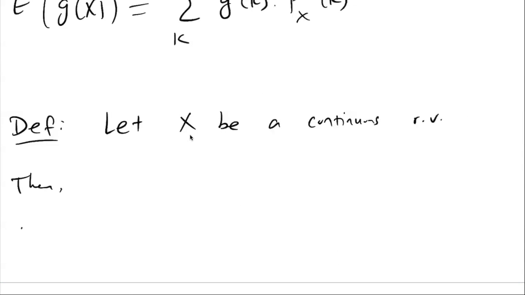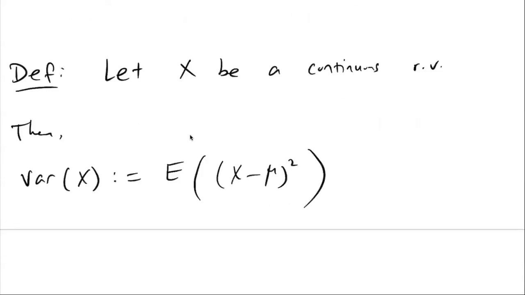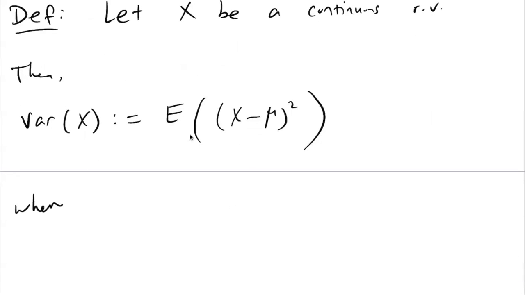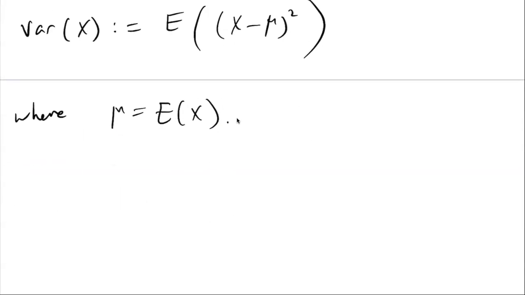Then the variance of X is defined as the expected value of X minus mu squared, where mu is equal to E of X. And again, similar to the discrete case where we had two equivalent formulas for variance, we could have written it this way, or as the expected value of X squared minus the expected value of X the whole squared. So still the same formula is valid in the case of continuous random variables.